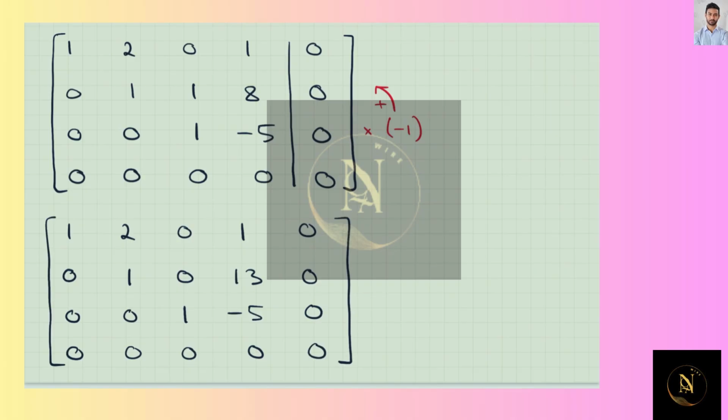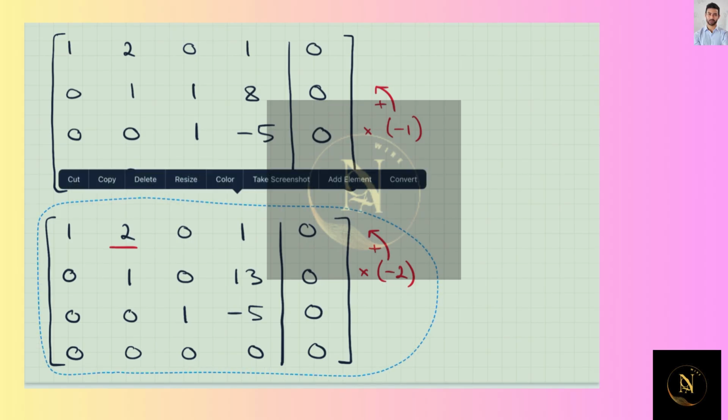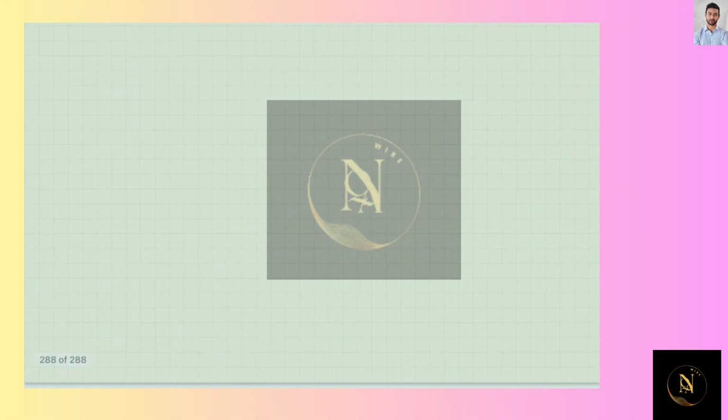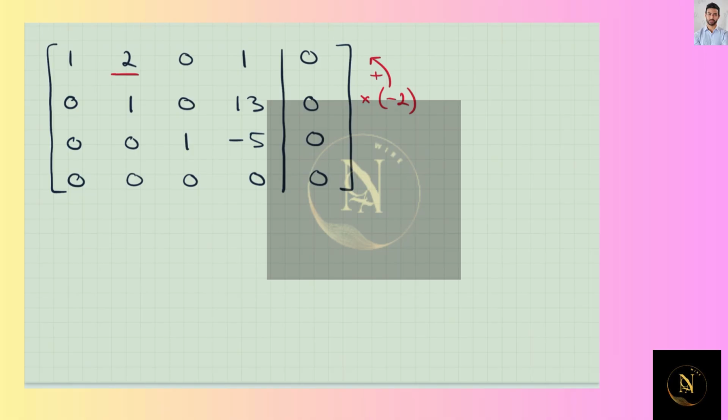And the last step is to multiply the second row by negative 2 and add it to the first row to get rid of these two. So what we're going to get is, well, 1 times negative 2 plus 2 is going to be 0.